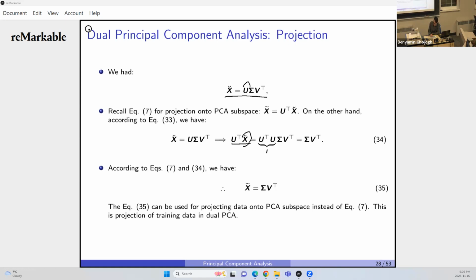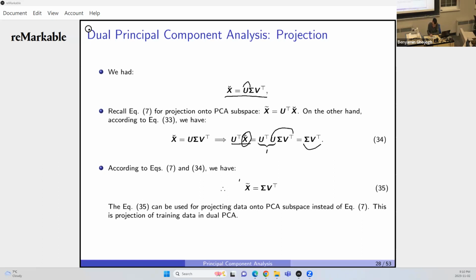Now replace X breve with its singular value decomposition. Interestingly, U transpose U appears. U transpose U is identity because, according to the properties of singular value decompositions, the singular vectors are orthonormal, right? So U is an orthogonal matrix. U transpose U is I, so we'll have sigma V transpose.